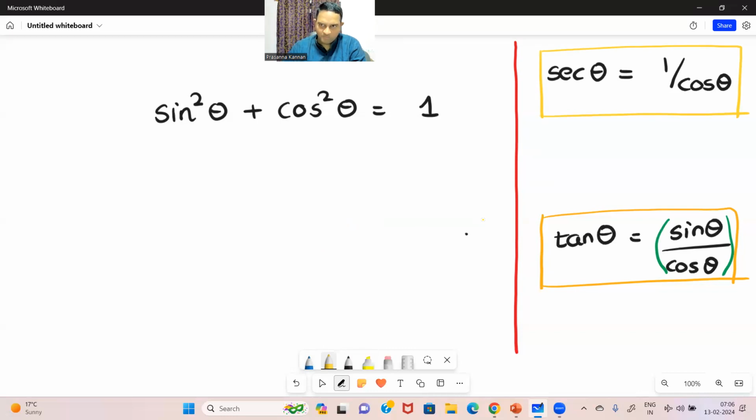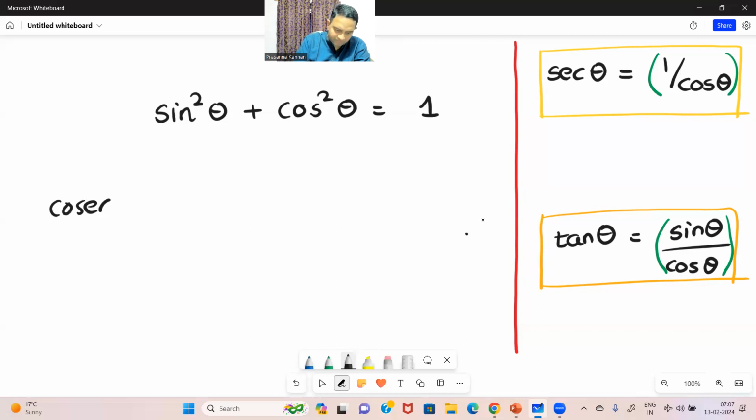Like how we wrote tan theta as sine theta by cos theta, is there any other like that for sec or cosec?